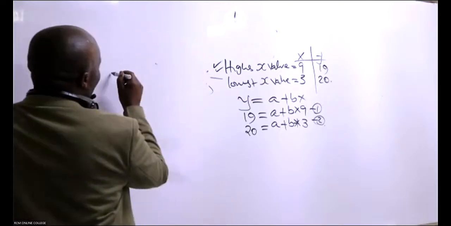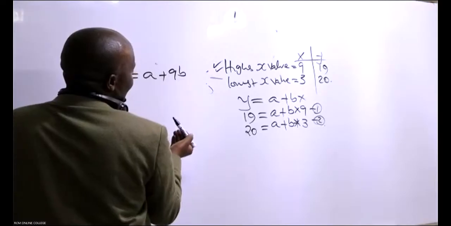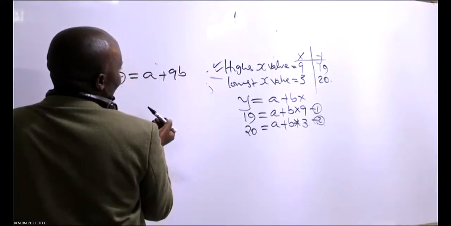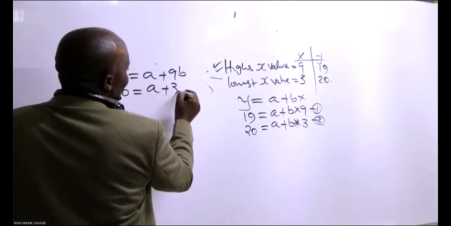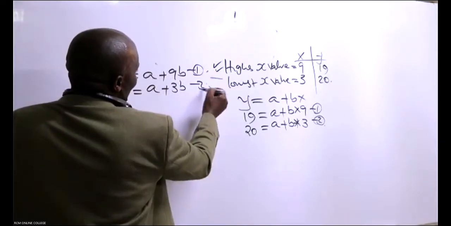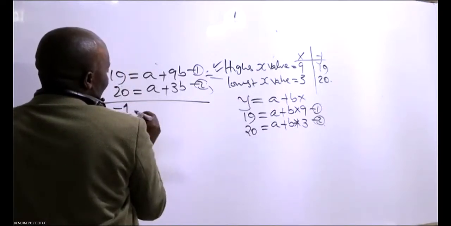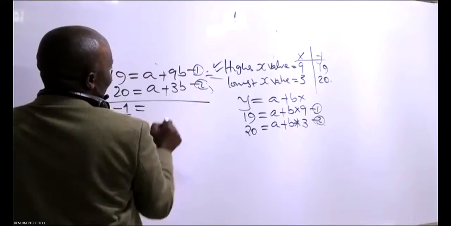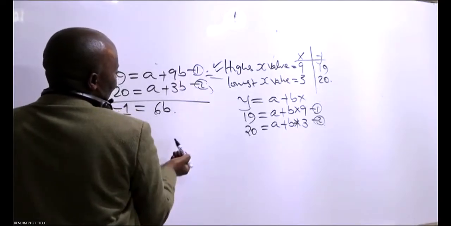So then this will be 19 equals a plus 9b, right? 20 equals a plus 3b. 1, 2. Subtract. So 19 minus 20 gives me minus 1. So a disappears, right? This gives me 6b.